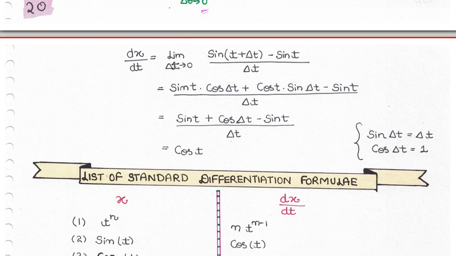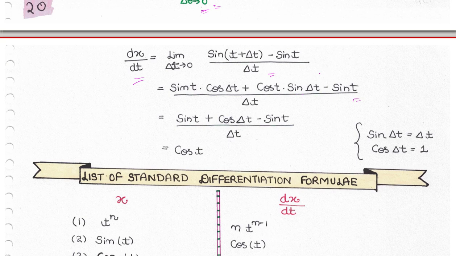So we can prove this thing, that is cos theta is equal to 1 if we limit delta theta tends to 0. So we can write dx by dt is equal to limit delta t tends to 0, that is sin(t plus delta t) minus sin t by delta t, or sin t into cos delta t plus cos t into sin delta t minus sin t.